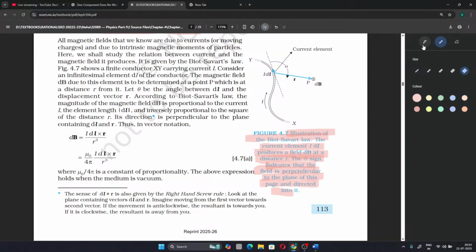There's a wire that has an arbitrary shape. The current is in this direction, and at a single element I dl, where we take a small element of the total length of the wire L as dl, then we take the r vector, which is to a point P here.